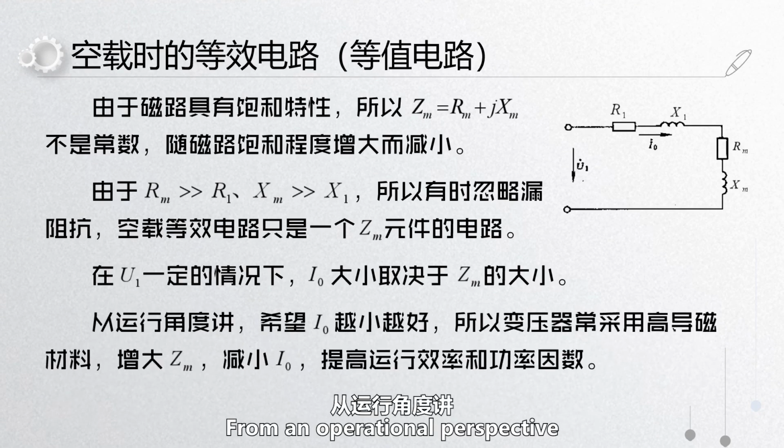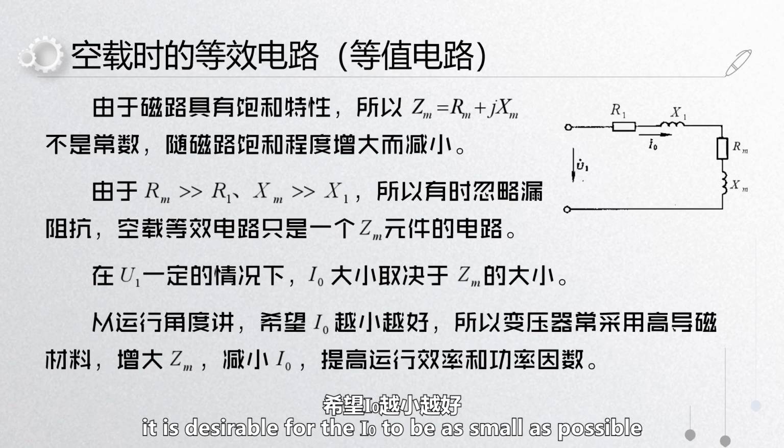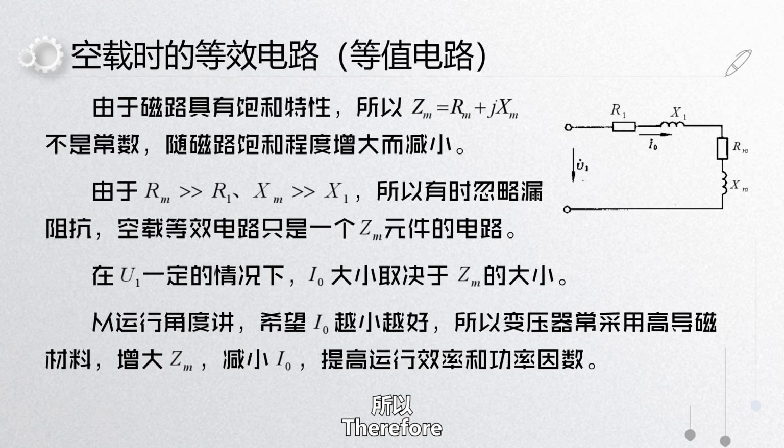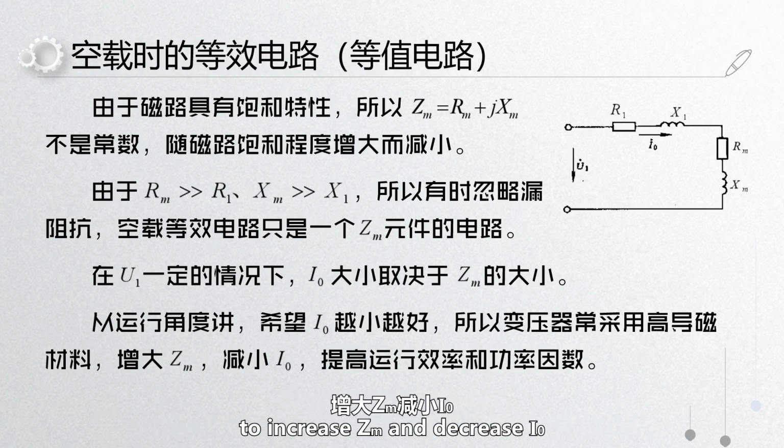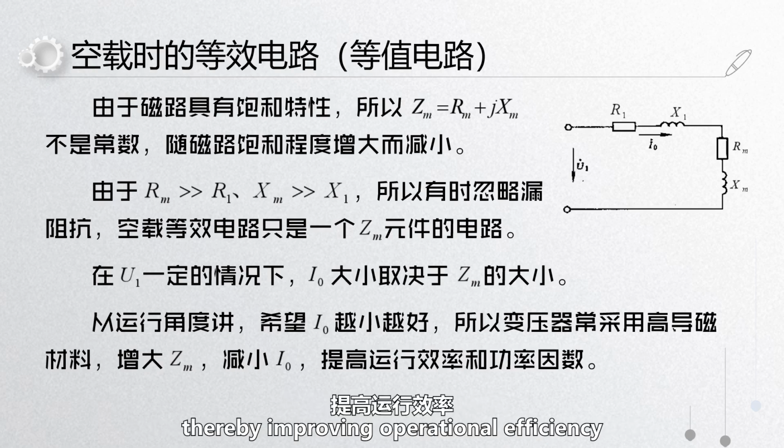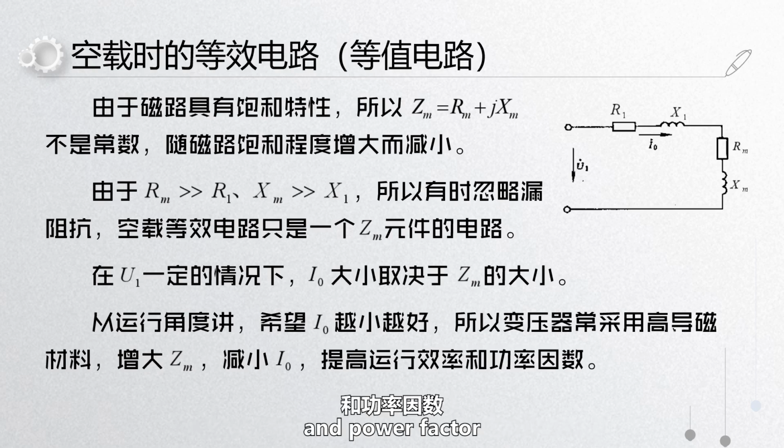From an operational perspective, it is desirable for I0 to be as small as possible. Therefore, transformers often use high permeability materials to increase Zm and decrease I0, thereby improving operational efficiency and power factor.